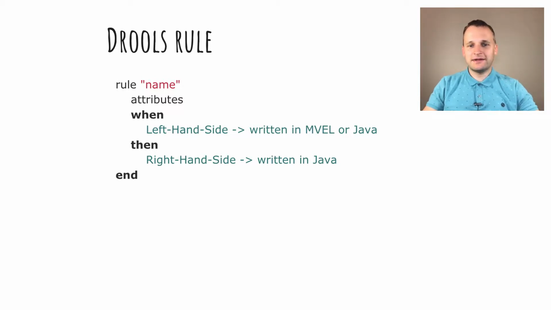As I said, it's the left-hand side, and you can write this in either MVEL language or Java language. We come to this in a second. And you have the right-hand side of the rule, or then part, that has the Java instructions and some keywords. And then you have to write end.